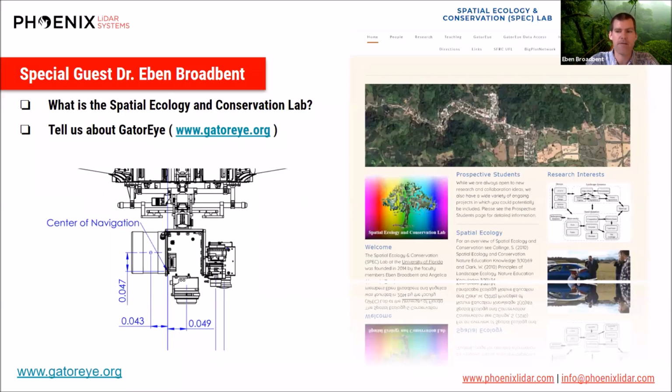During my PhD, I was at Stanford University working with some pretty fancy aircraft systems, in particular the Carnegie Airborne Observatory. Fifteen years ago, this was probably one of the very first, if not the only one, doing sensor fusion at an incredible scale, fusing LiDAR, hyperspectral, and visual.